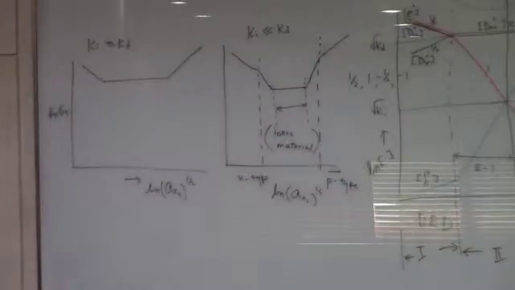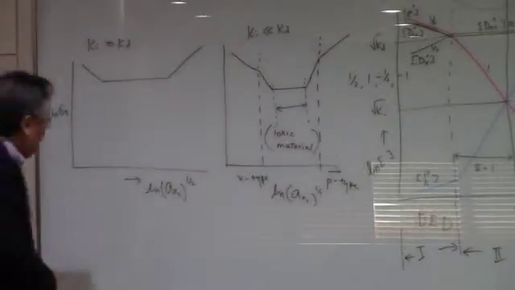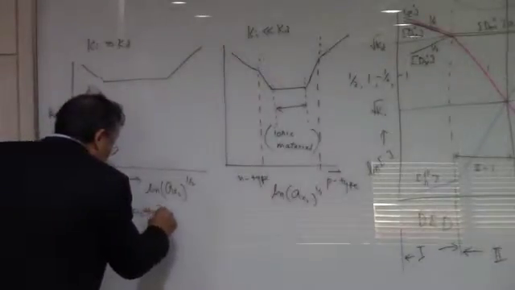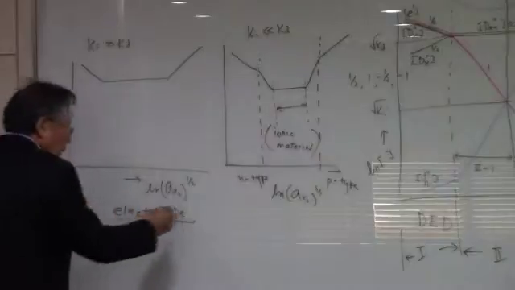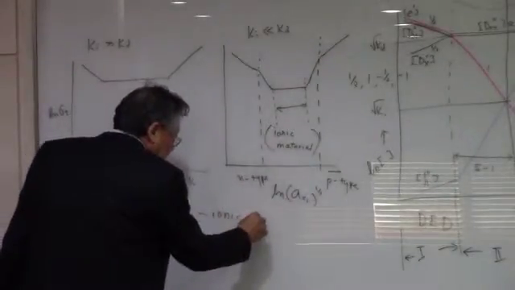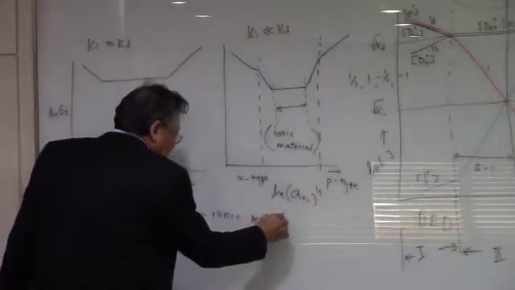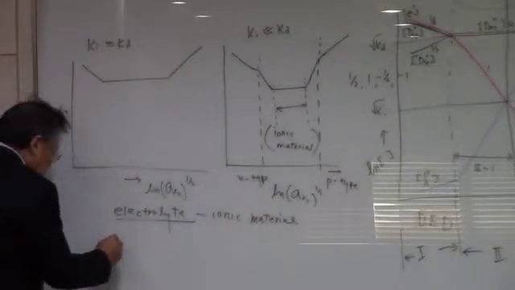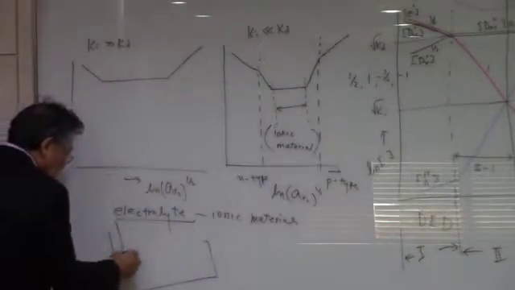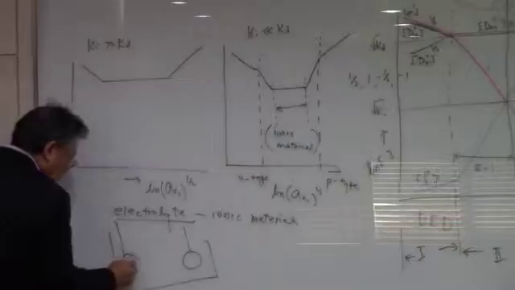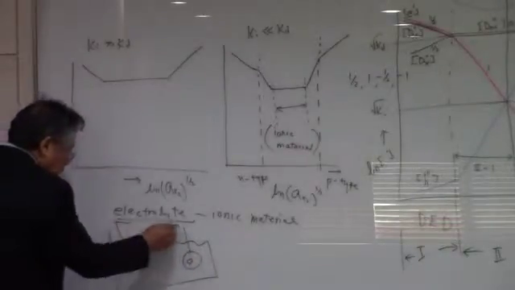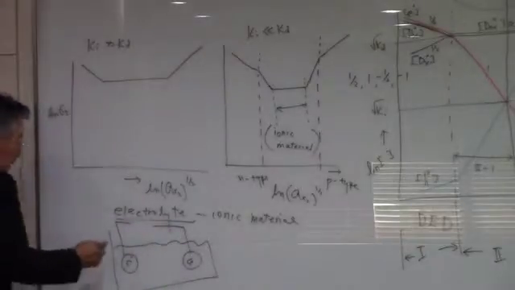Now, in batteries, for example, the electrolyte should be the ionic material, right? Because in batteries, what you're doing is that you have a cathode and anode, and then you have an external circuit for the electrons and holes.